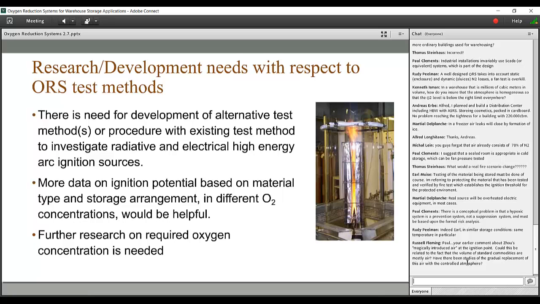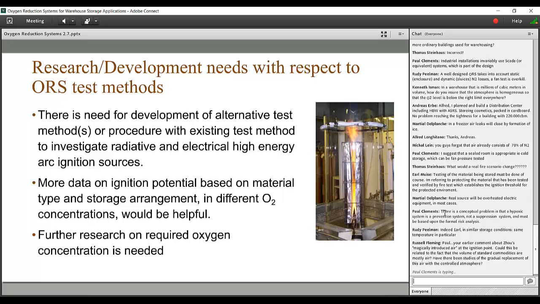So we feel that somehow there might be a need for an alternative test method, or a test procedure with existing test methods, which also reflects not only this small flame ignition, but also possible high radiative sources, or even sources which somehow correspond to electrical high energy arc ignition sources.